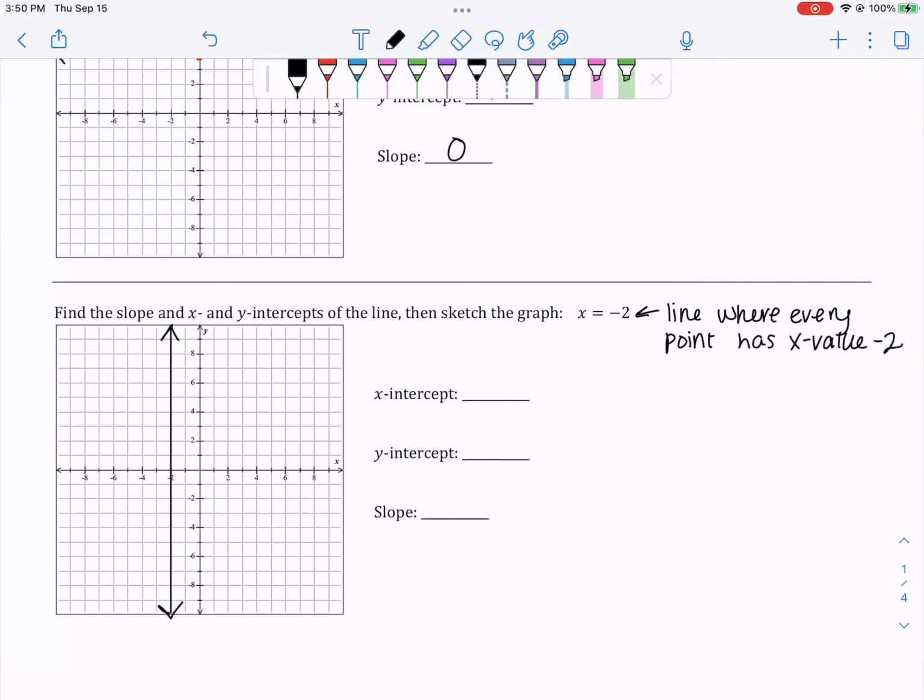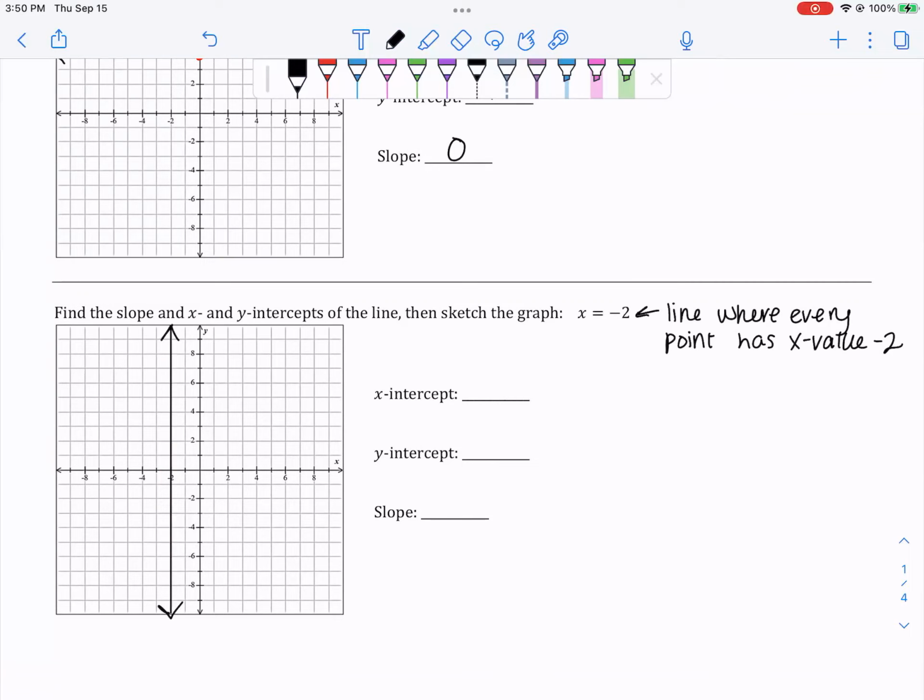So y2 is -8, minus y1 which is -8, divided by x2 which is 3, minus x1 which is -7. Here, minus a negative is the same thing as plus, so this is really -8 plus 8.